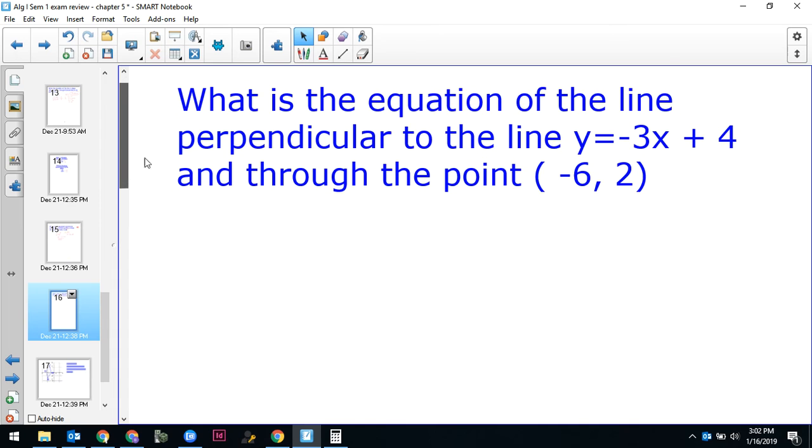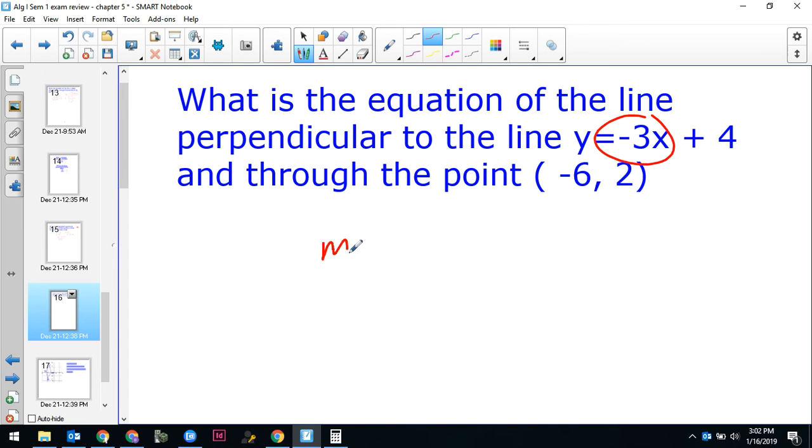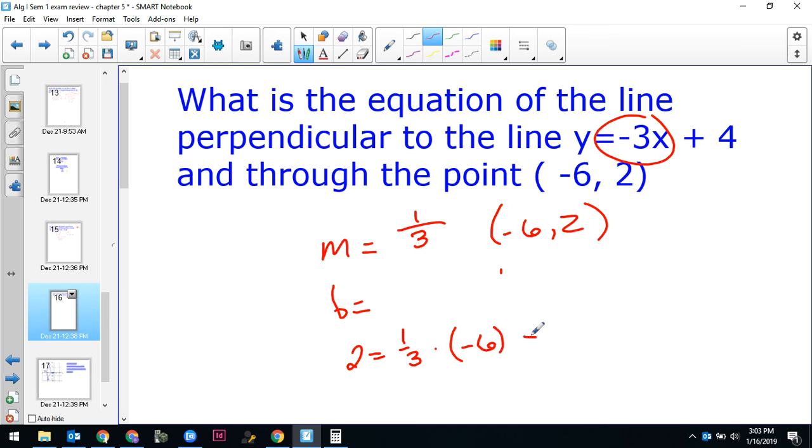Now, perpendicular, however, requires a little bit more work. This slope is no longer just copied. What I have to do is actually take the opposite reciprocal. So opposite reciprocal of -3 turns into +3, and it's the reciprocal, so 1/3. And it goes through this point, -6, 2. So got to find my b value. So I say y equals mx plus b.